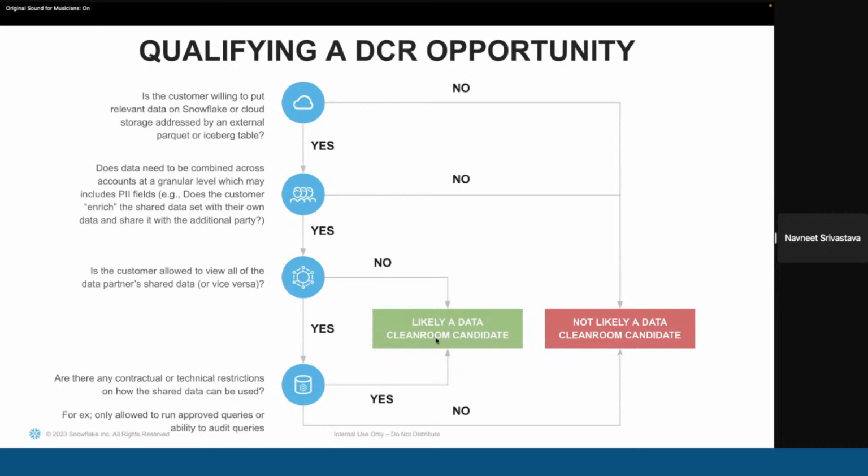However, in case of DCR, you give them a query template and they have to execute their queries within the boundary of that template. While creating that template, you ensure that your PII, or any other attributes you do not want to expose, is not getting exposed. Using the template, you control that.